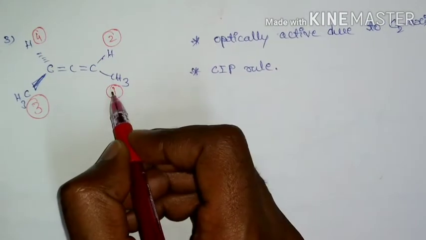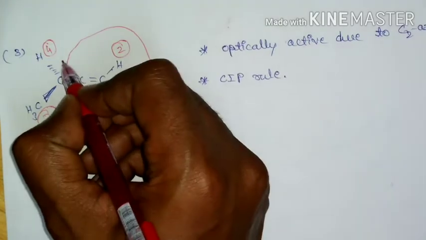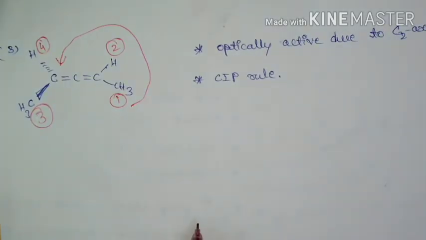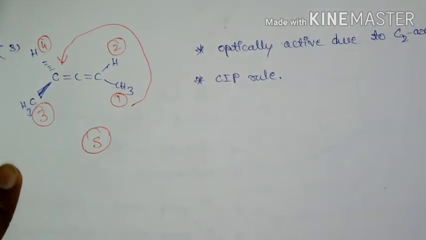If we see the movement of priority, it will be 1, 2, 3. That is S configuration, because the fourth group is below here. So it will be anti-clockwise, and we can assign that it has S configuration.